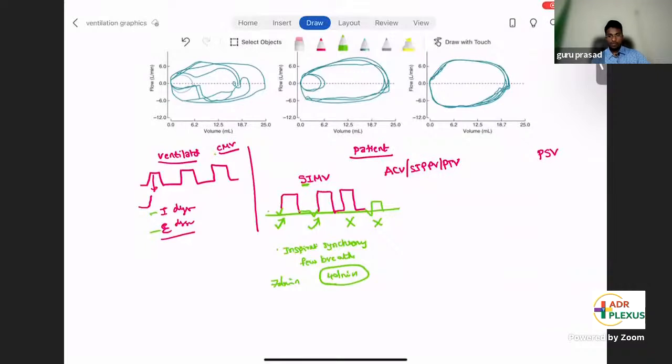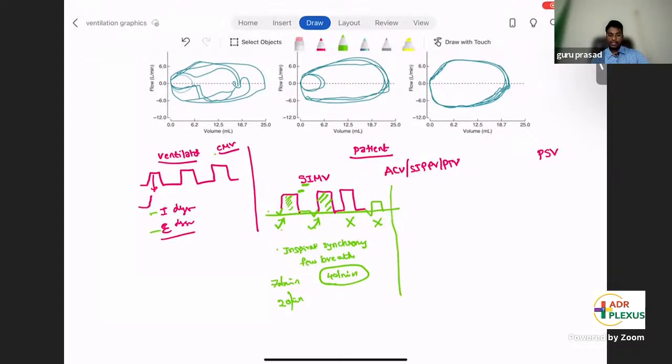All other breaths are not supported. All supported breaths will have a set PIP, PEEP, everything in SIMV, and they have higher MAPs compared to the normal breaths. Suppose the patient is breathing only at 20 per minute, the ventilator will support all 20 breaths, and additionally it will give another 20 breaths. So it will support only some breaths. That is present in SIMV.